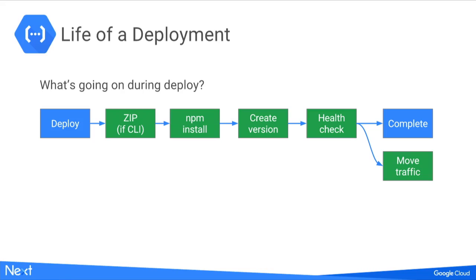We can't check that your function is going to work, because your function, of course, may have side effects. So we can't invoke your function, but we can do everything but that to make sure that everything's okay. And if everything's okay, we'll mark the deployment as complete, and then we'll gradually move traffic from the old version to the new version.